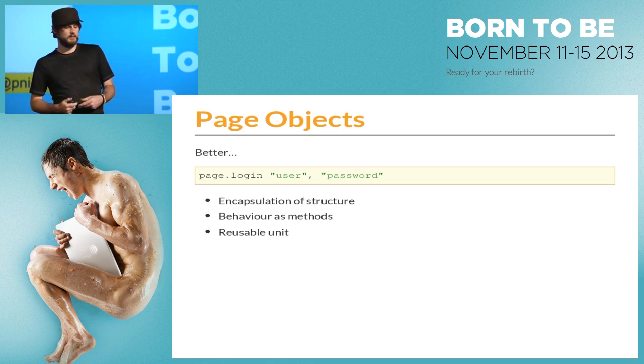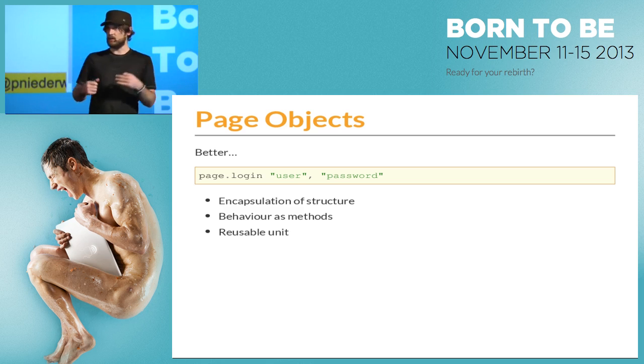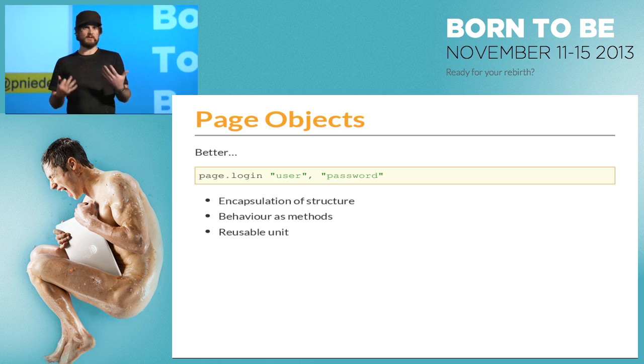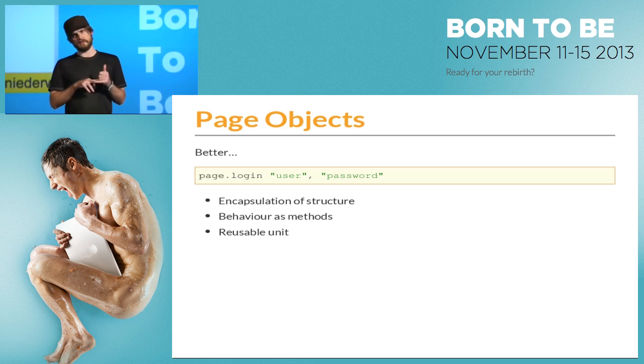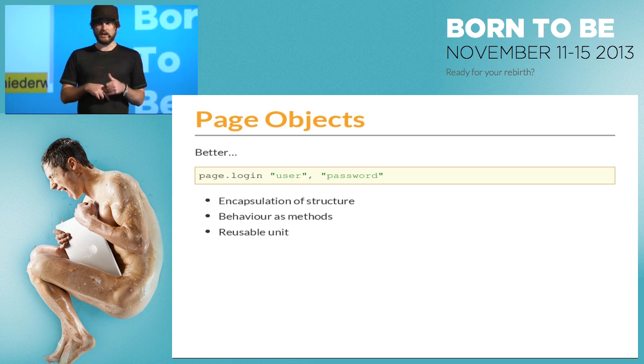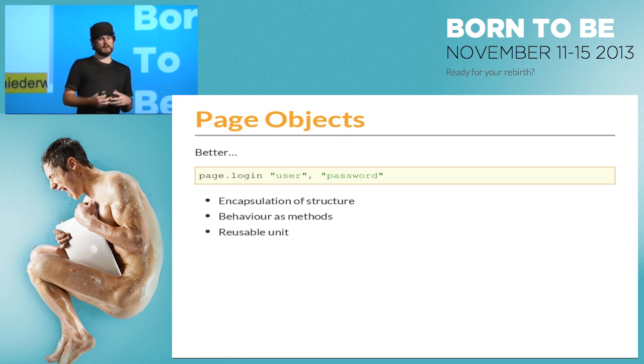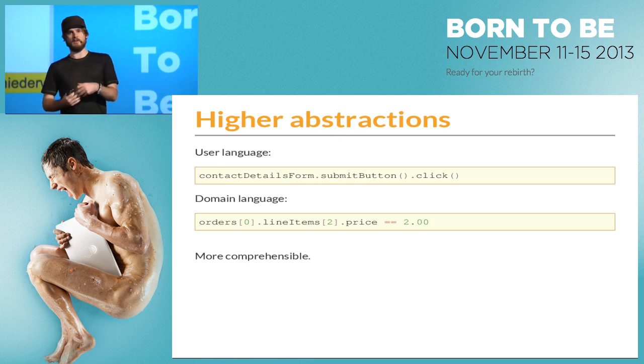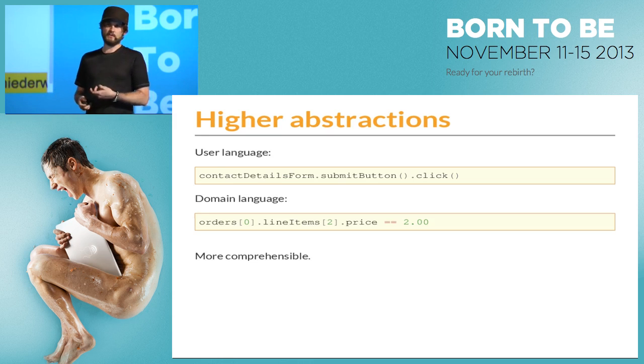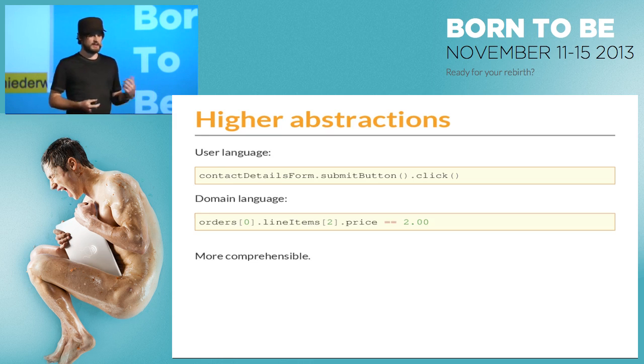That object, being the page or a fragment thereof, represents what the user is interacting with, so we model that aspect of it. It allows us to encapsulate the structure. This login method now just accepts the inputs, and the actual page structure and how that's pushed into the form is encapsulated behind that method. It allows us to have different behaviors, so composite functions can be represented as one particular method inside a page. And of course, these are now reusable across different tests. So that's the basic idea.